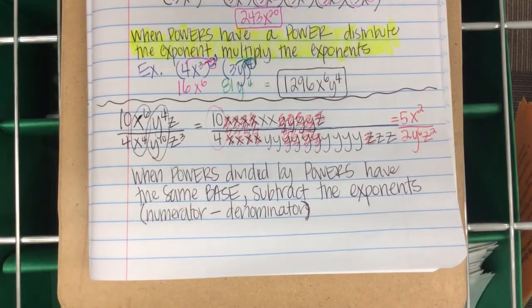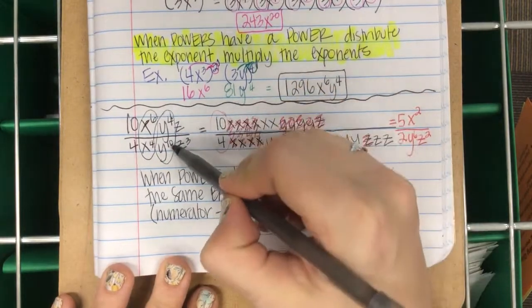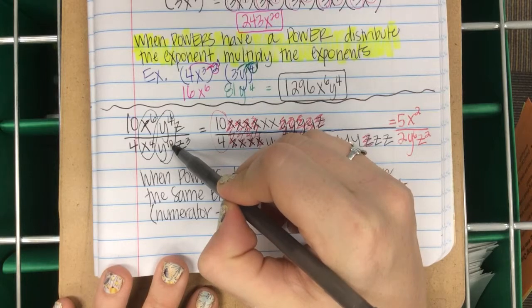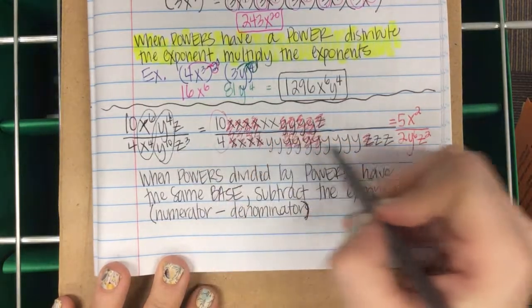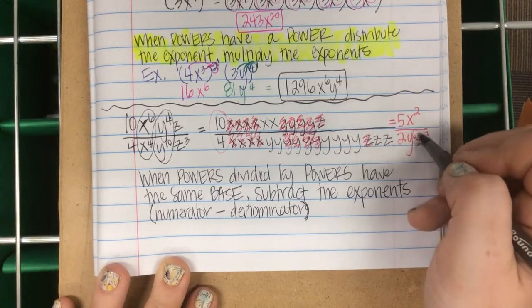Top minus bottom, numerator minus denominator. 4 minus 10 is what? -6, but I don't have a -6. What do I have? I have a +6.